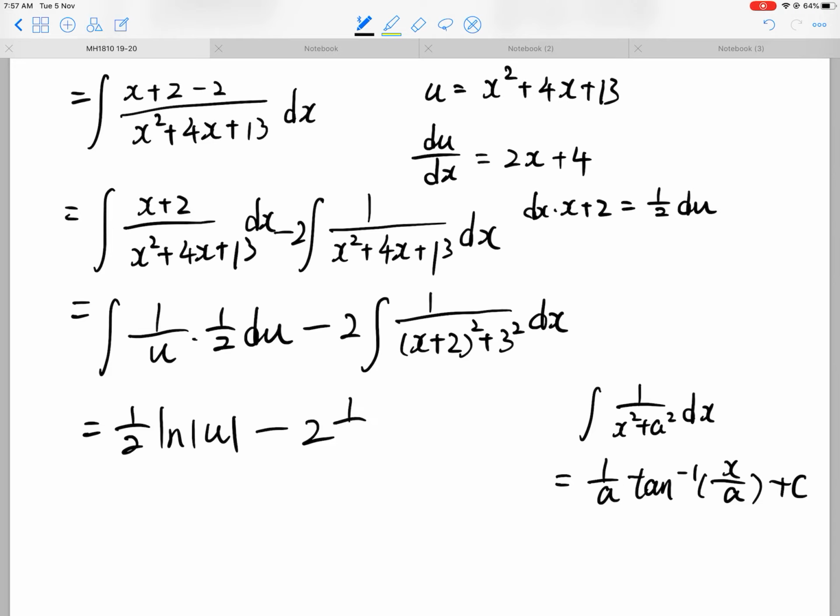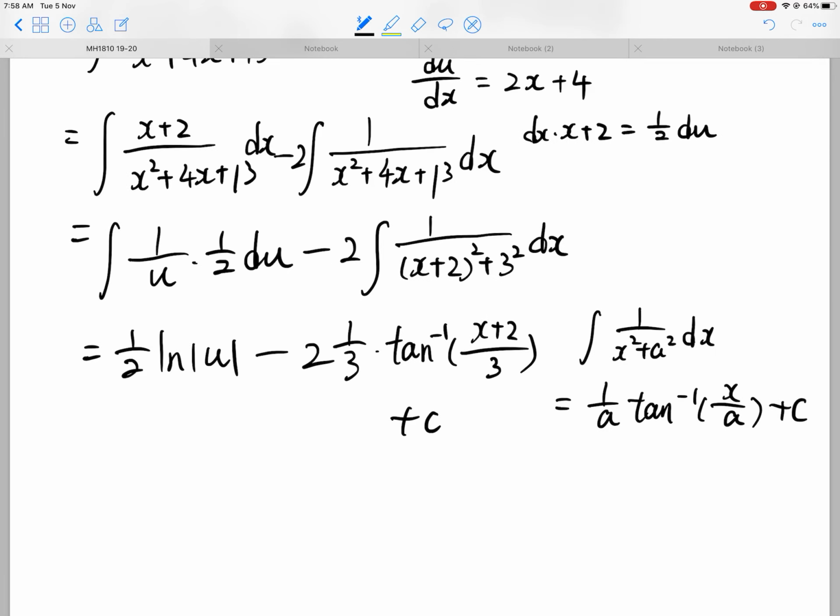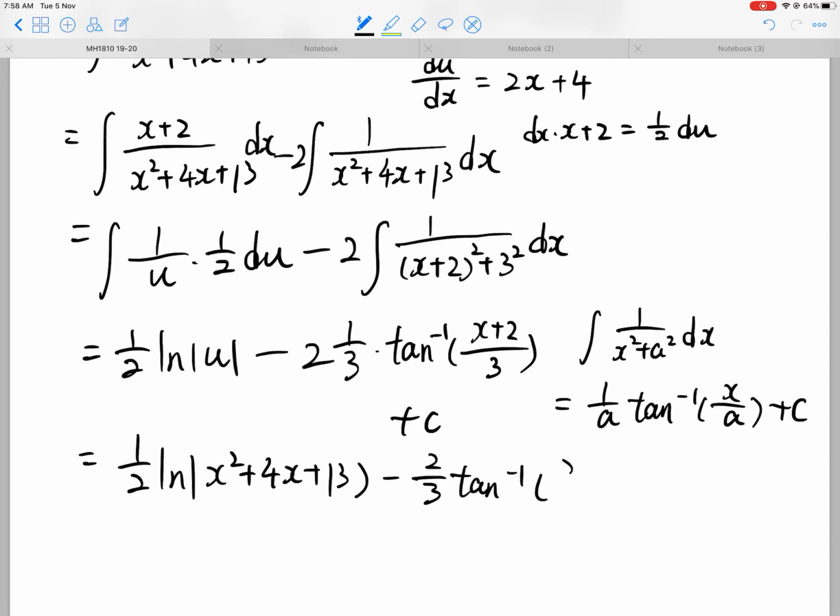Now a is 3, and tangent inverse of x is x plus 2 over 3, plus c. So it's half ln absolute value of x squared plus 4x plus 13, minus 2 over 3 tangent inverse of (x plus 2) over 3, plus c.